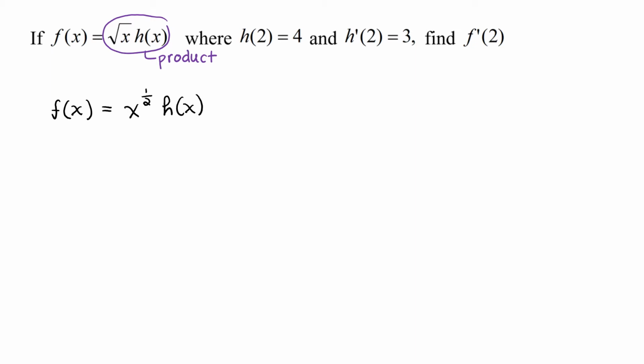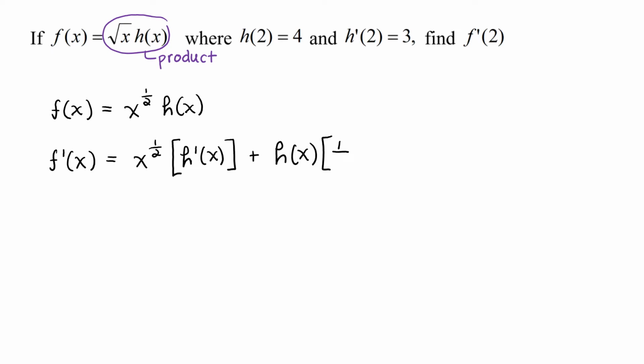And now we'll use our product rule. So f prime of x is equal to the first function, x to the 1/2, times the derivative of the second function, so that'll give us h prime of x, plus the second function, h of x, times the derivative of the first function, which will be 1/2 x to the negative 1/2.